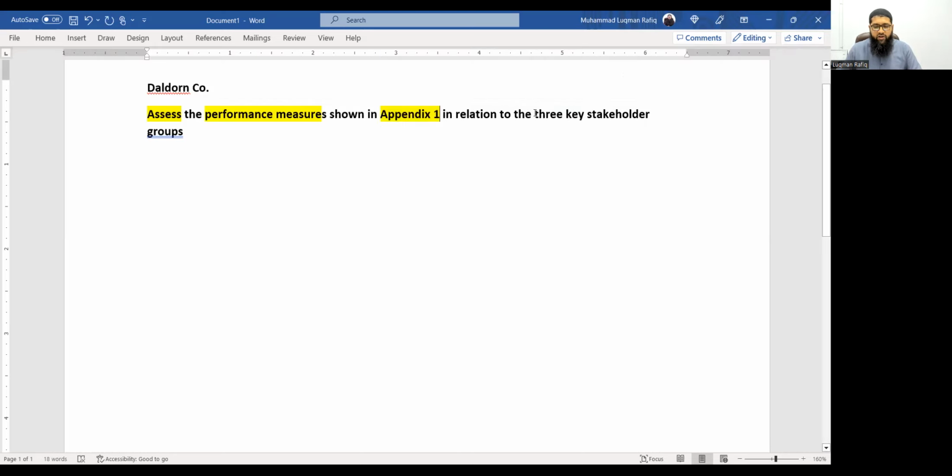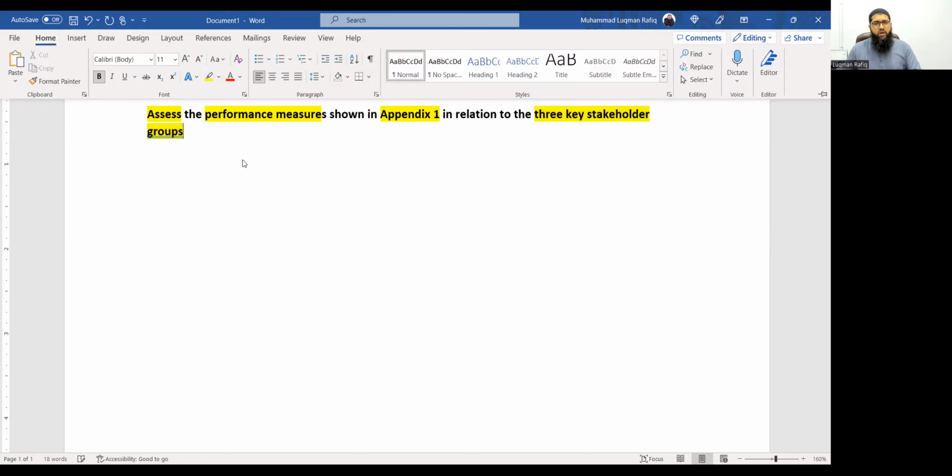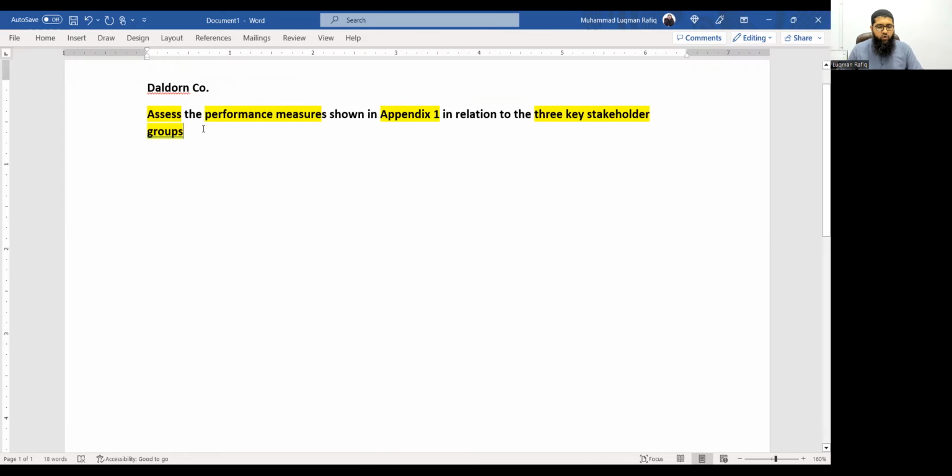In relation to 3 key stakeholder groups. So this is something that you have to do. What is going to be your focus when you are doing this question? You'll be focusing on performance measures, meaning the way of measuring performance, like maybe return on investment, return on capital employed, residual income, and so on.